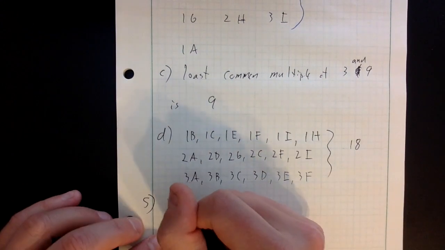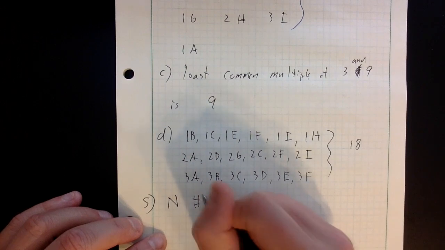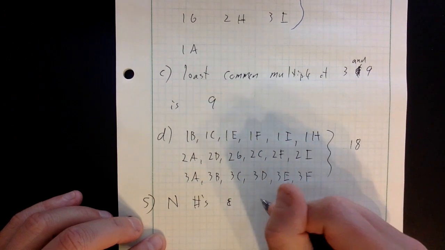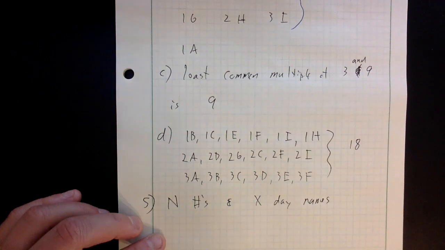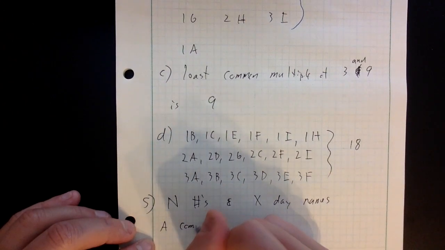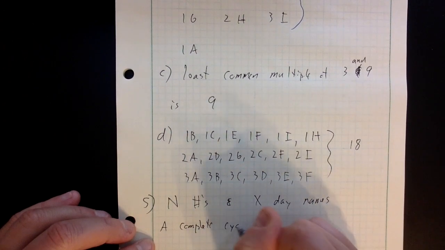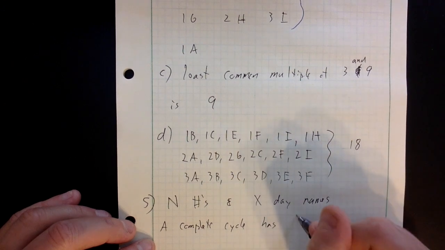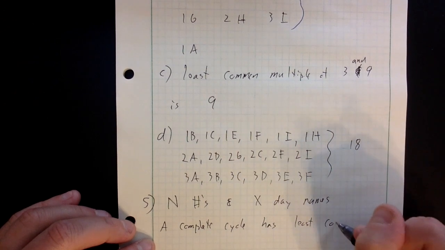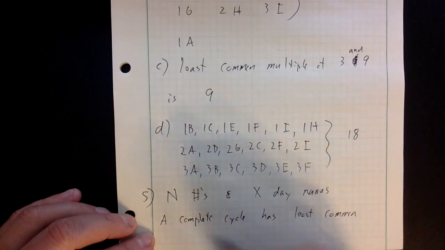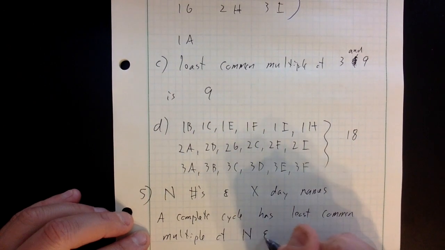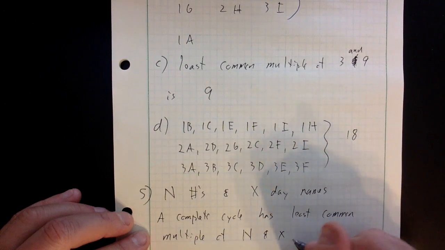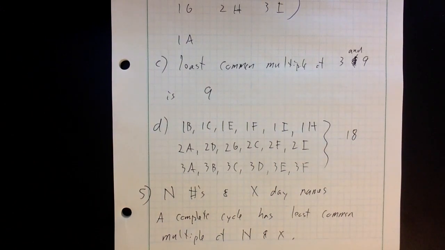If we have n numbers and x day names, describe the number of days in a cycle. A complete cycle has the least common multiple of n and x.